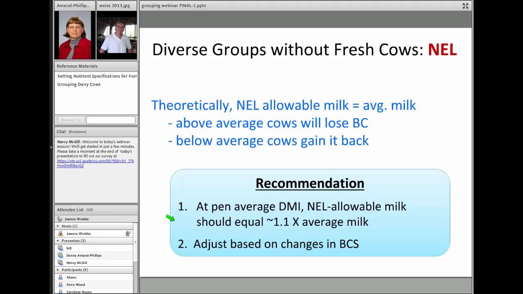You can argue with me. I can't support this. It's just an opinion. But I think on average you should start by overfeeding net energy, or net energy allowable milk should be about 10% above average. But follow body condition closely. And if you start seeing fat cows, back it down. If you start seeing too many thin cows, increase it. So be aware, net energy is a calculated number, and there's a lot of error.